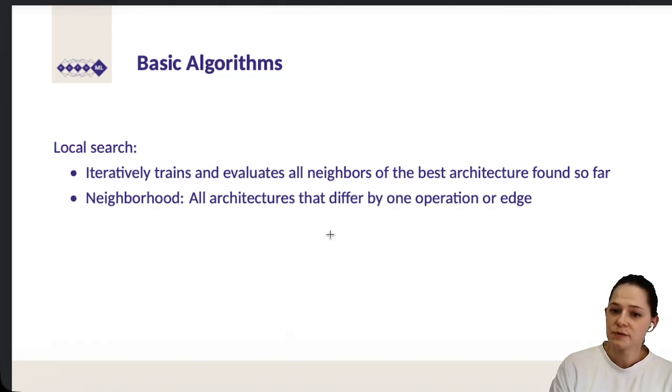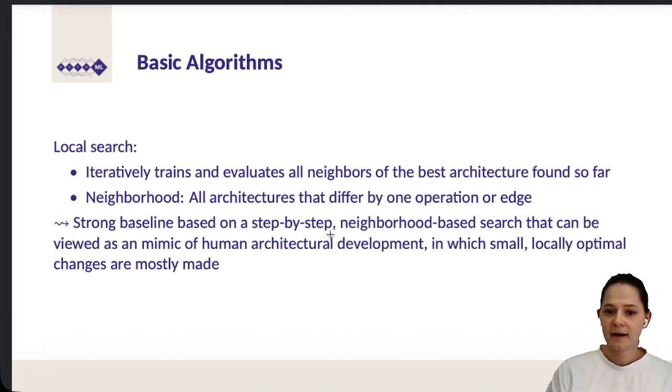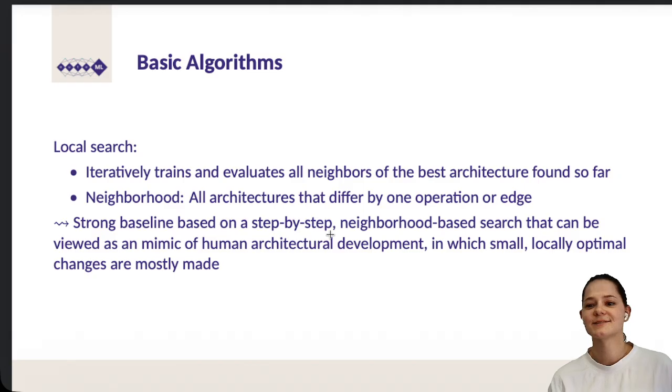A constrained search space can be, for example, a search space which only has very similarly performing neural networks. Local search is also a basic algorithm, where the idea is to iteratively train and evaluate all neighbors of the currently best found architecture. The neighborhood is defined as all architectures that differ only by one operation or edge. It's also a very strong baseline, based on a step-by-step, neighborhood-based search.